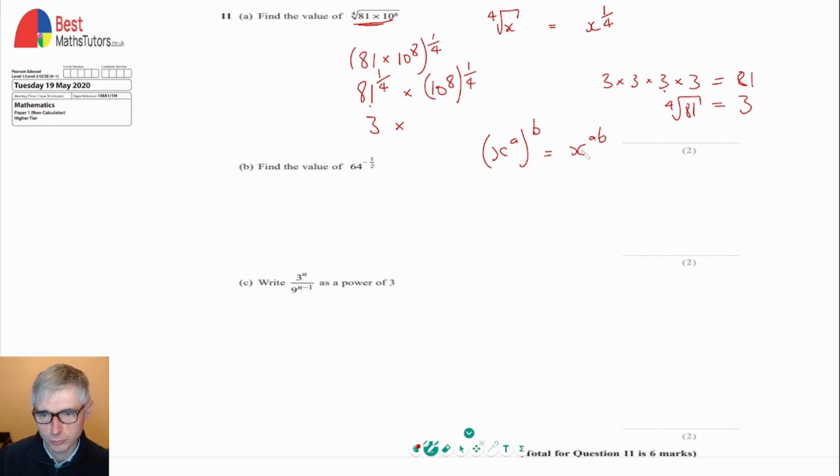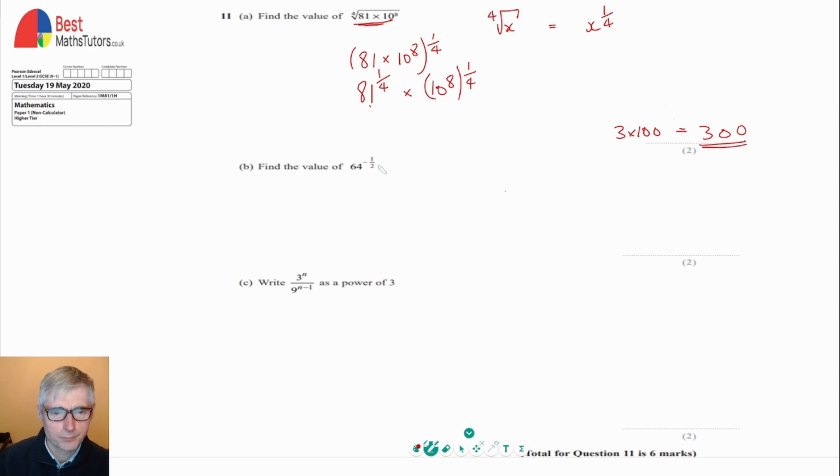So with 10 to the 8 inside the bracket and a quarter outside, the power becomes 8 times 1 quarter, which is 8 divided by 4, which is 2. So it becomes 3 times 10 to the 2. 10 to the 2 is 100, so I've got 3 times 100, which is 300.